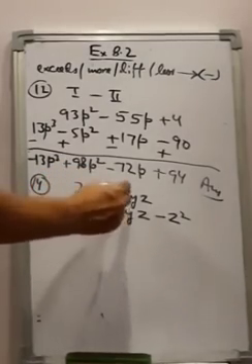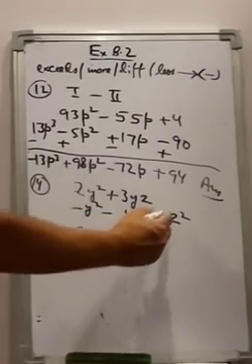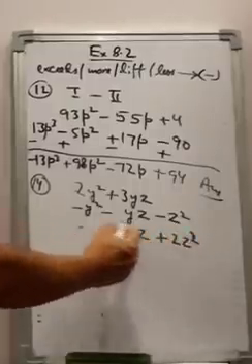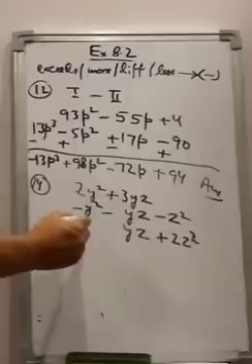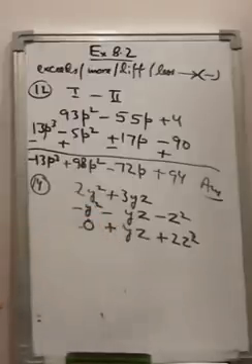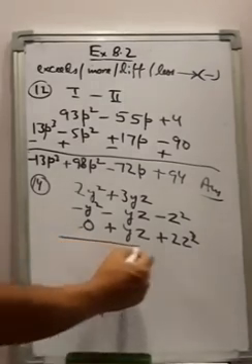We will write yz below yz and z square below z square. So if you don't have a like term, do not worry, just leave it, or you can add 0 if you wish. If you are thinking that it is leaving blank space, you can add 0 also below the like term.